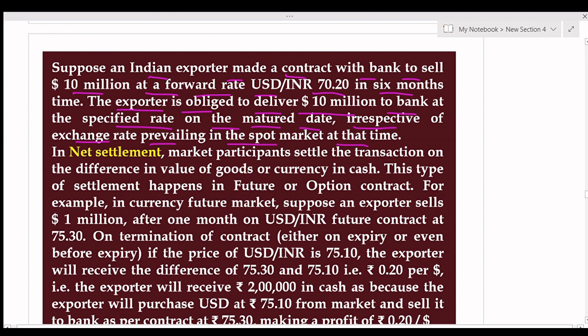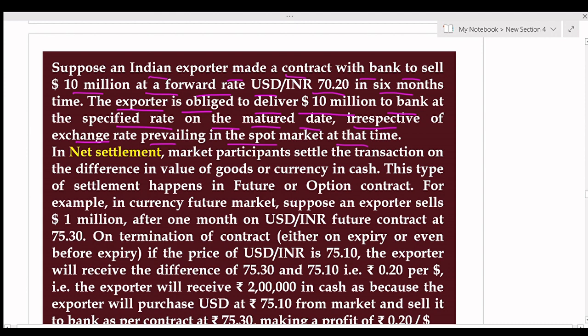If the prevailing rate on maturity day is favorable to the exporter, say 70.50, still the exporter cannot deviate from the forward rate. He is bound to sell dollars at 70.20 as it is a contractual rate.